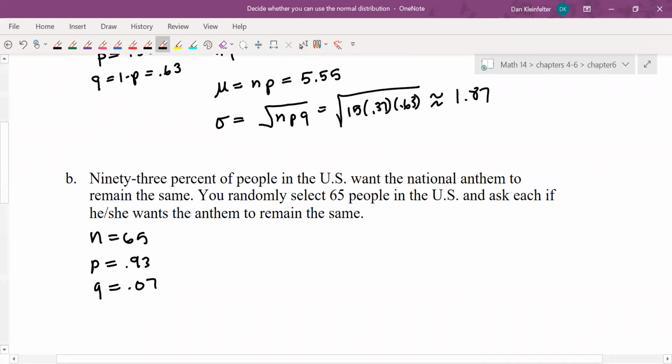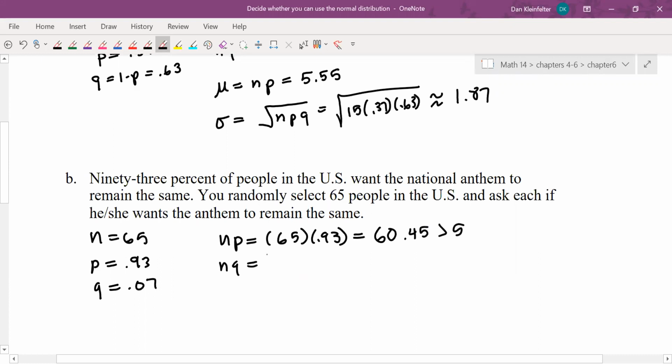It said 93% want the anthem to stay the same, so that is our p. And so q is 1 minus 0.93, which is 0.07. Here our np is 65 times 0.93. That'll be bigger than 5. Let's see what it is. That's going to be 60.45. So that's okay so far.